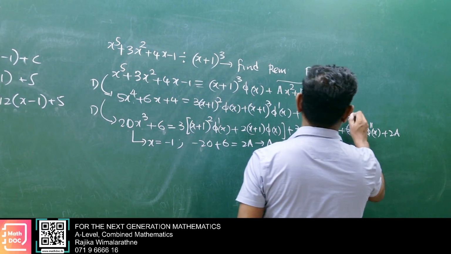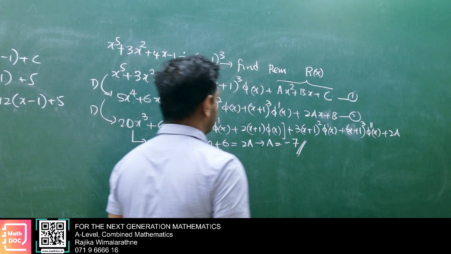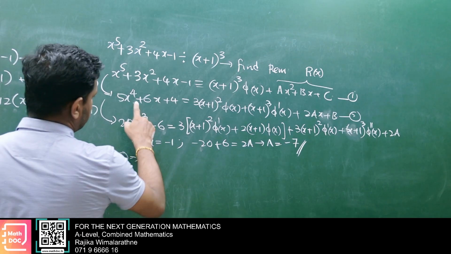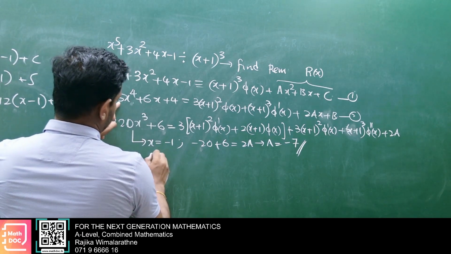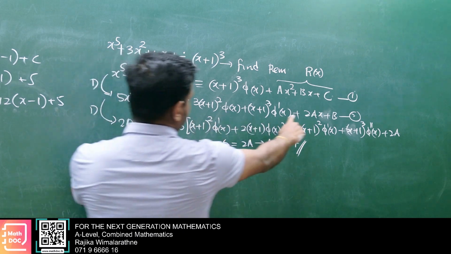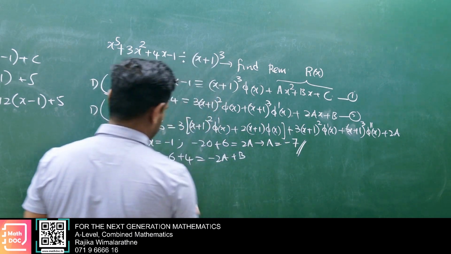By the first derivative, substitute minus 1: minus 5 plus... 5 minus 6 plus 4 is 3, the other terms are 0, equal to minus 2a plus b.